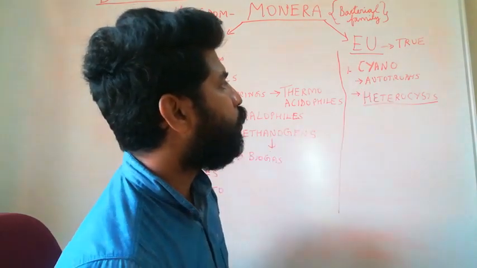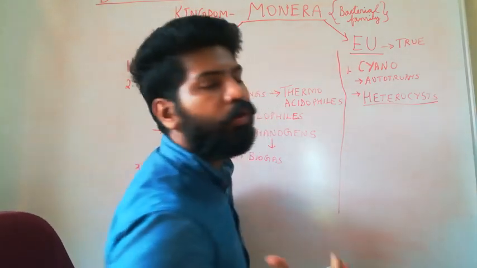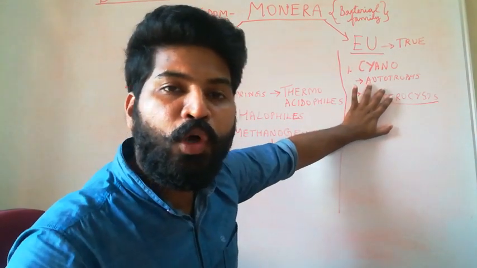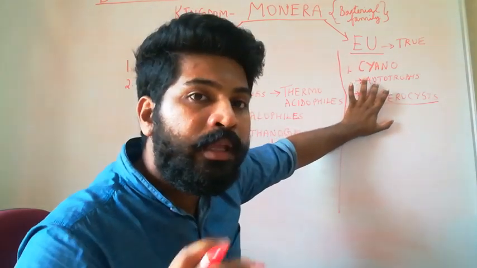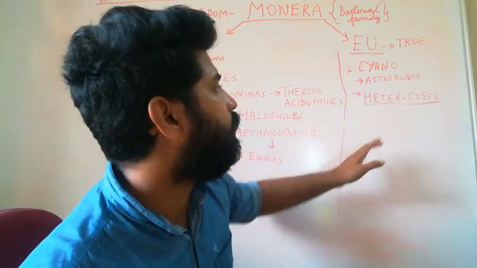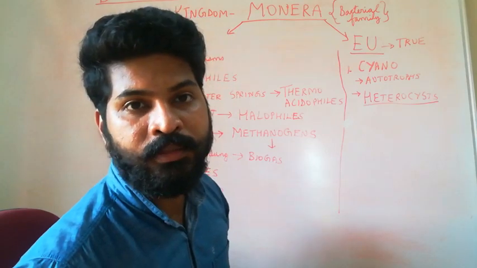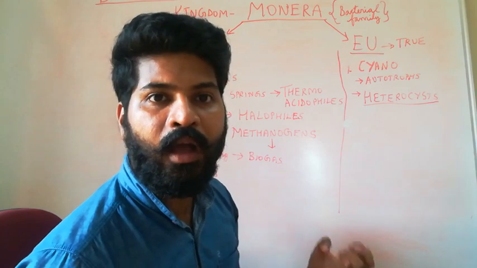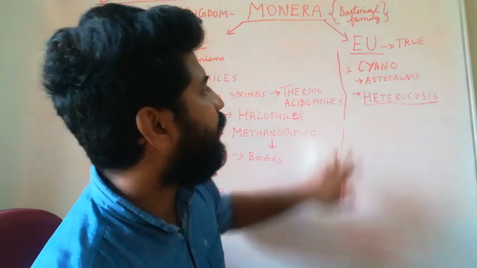So these are autotrophs. In autotrophs there are two types: photoautotrophs and chemoautotrophs. Ones that prepare their food using light are photoautotrophs. The others which use inorganic nutrients such as hydrogen sulfide, iron, sulfur, etc. are called chemoautotrophs.